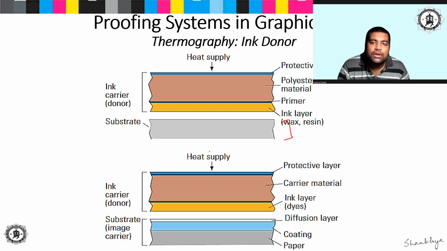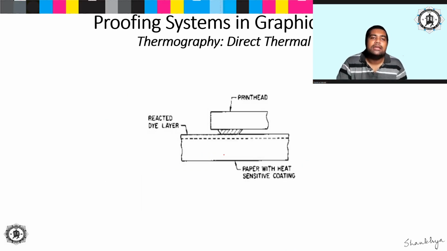So now let us take a look at the first type of thermal printing, which is basically direct thermal printing. This involves printing on a heat sensitive paper by a printhead which is used to supply heat. A pulse of current is applied to one or more of the heating elements to cause rapid heating of the resistors.